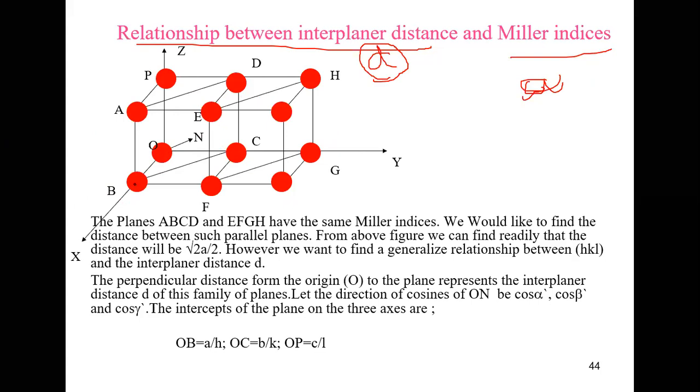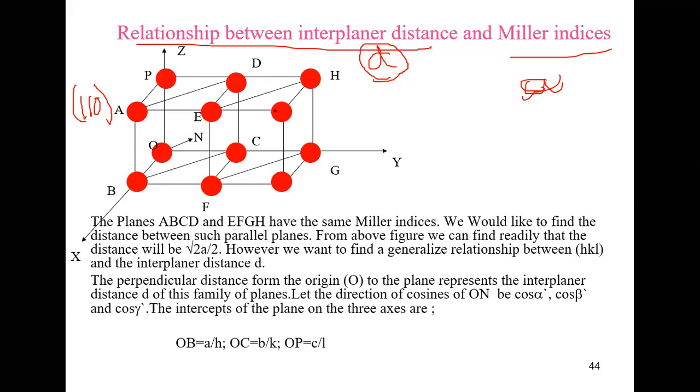There is one lattice constant intercept on the x-axis, one lattice constant intercept on the y-axis, and it is parallel to the z-axis. That means the Miller indices of this plane will be 1, 1, 0. One will come from one lattice constant, and infinity lattice constant, and if you take the reciprocal, the infinity will give you 0.